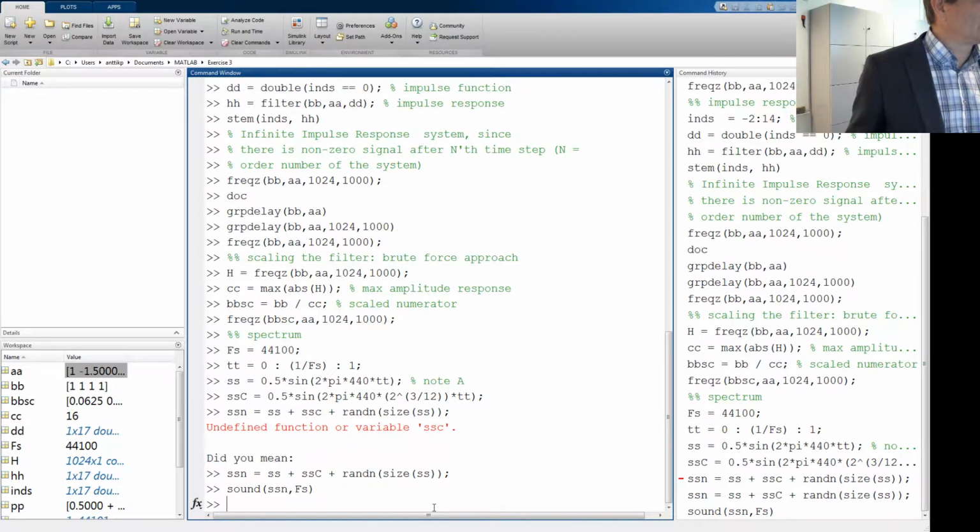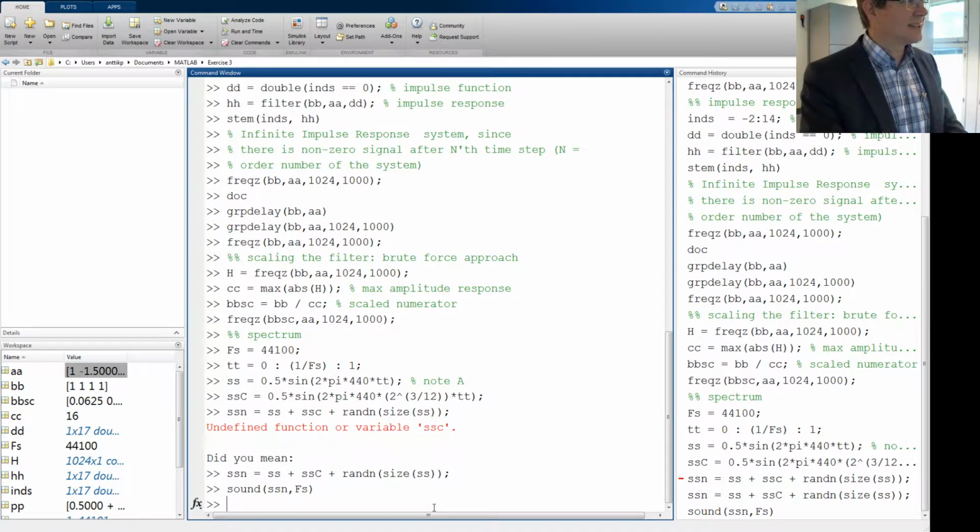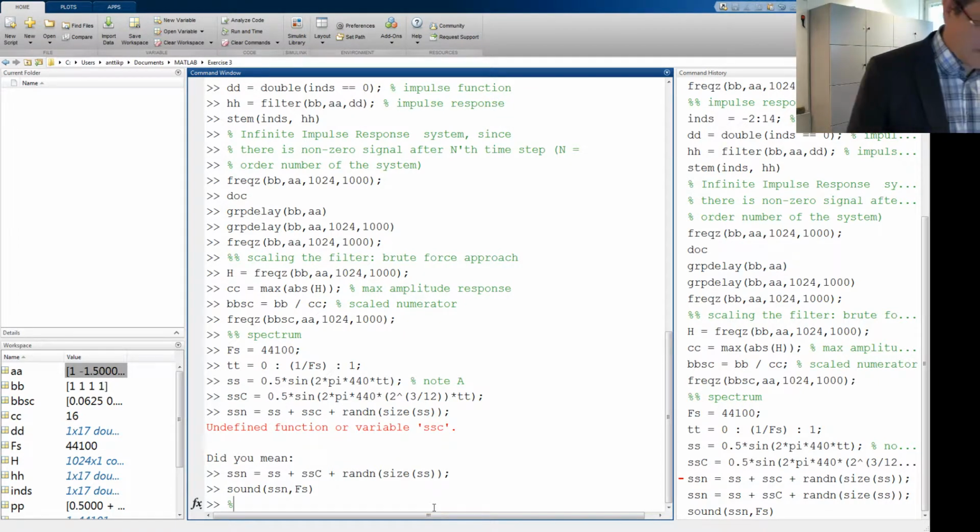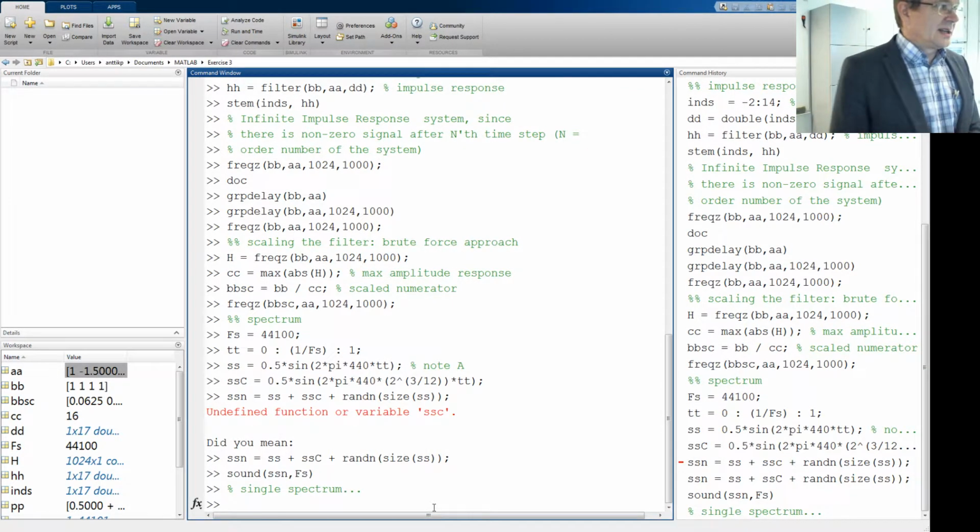How about how does it look like? Well, there are two ways to look at it: spectrum and spectrogram. Let's do the spectrum first. Single spectrum, meaning that first you have to set up the point of interest.